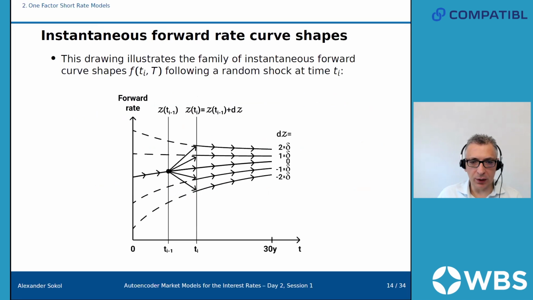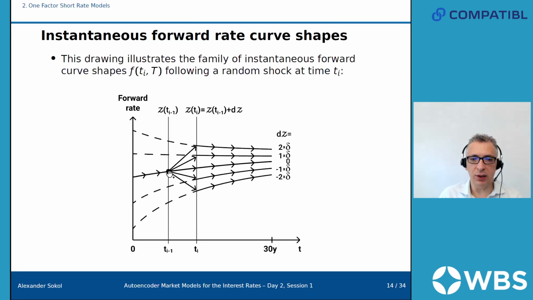All right, so now let's come back to this model. This is a drawing of the Hull-White model of these trajectories, which are basically both trajectories of the short rate and also the forward rate up to the convexity correction. So this line is phi of t. Imagine that you're here in the beginning at t i minus 1.